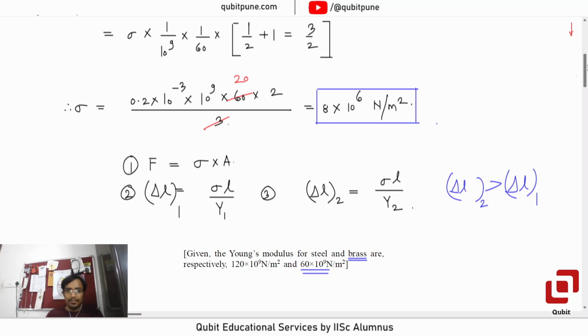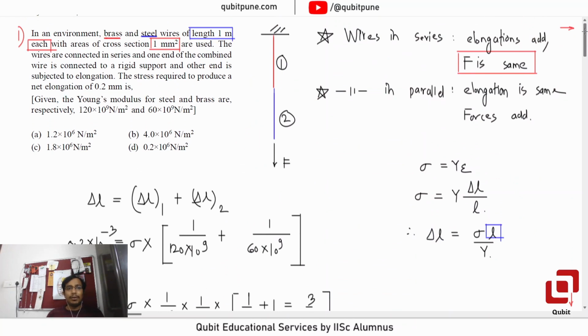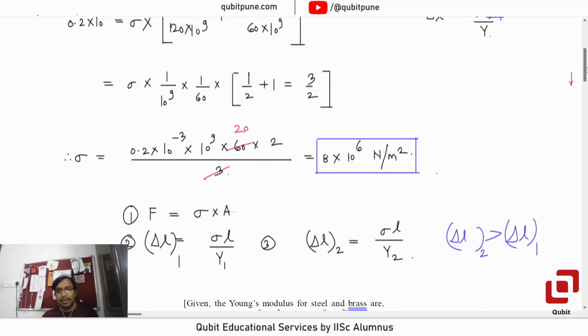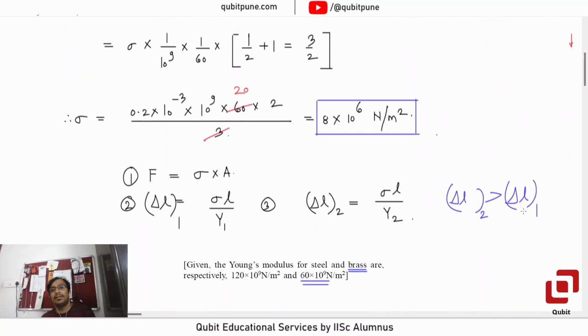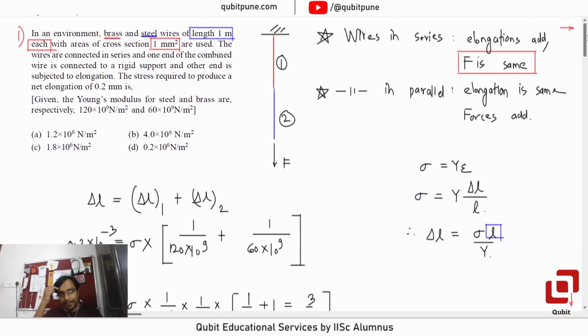It's a pretty simple MCQ. If they want to complicate things, they might ask what will be the elongation in brass. It will be greater than 0.1, because the total is 0.2 and brass's elongation is greater than that of the steel, so it has to be greater than half of the total elongation. So I will leave that part to you.